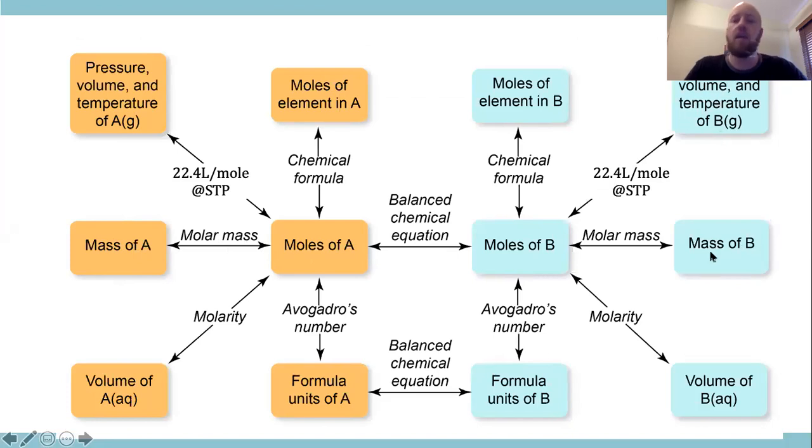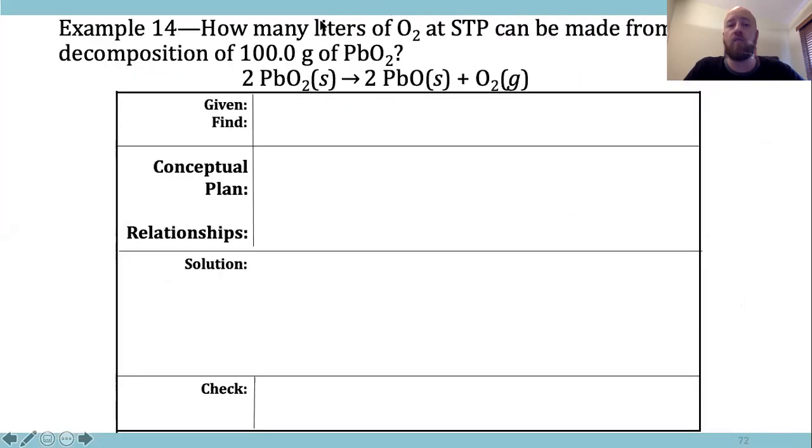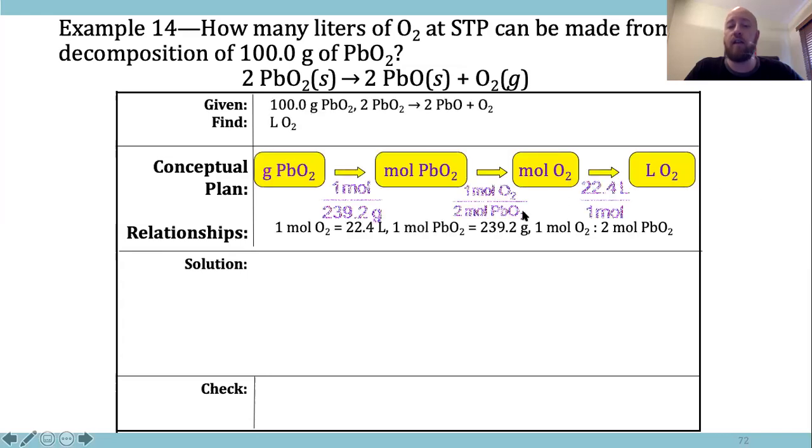It doesn't want to know the mass of the oxygen. If it wanted the mass of oxygen, yes, you would use the molecular weight. But in this case, it wants the volume, so we don't need the molecular weight for the oxygen. We use the molar volume as that last conversion, which you see right here.